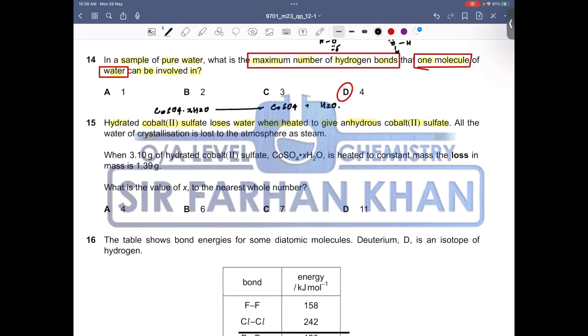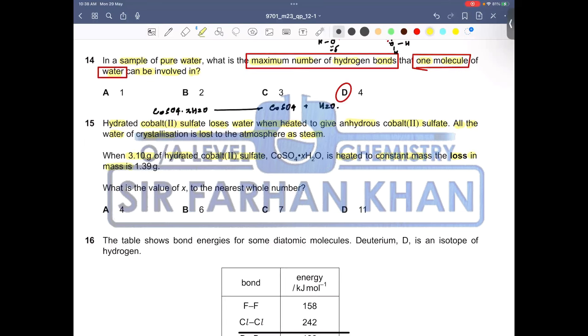Okay. All the water of crystallization is lost to the atmosphere as steam. Okay. When 3.10 gram of hydrated cobalt(II) sulfate is heated to constant mass, loss in mass is 1.39 gram. So this is the mass of water lost. And this is the mass of sample.